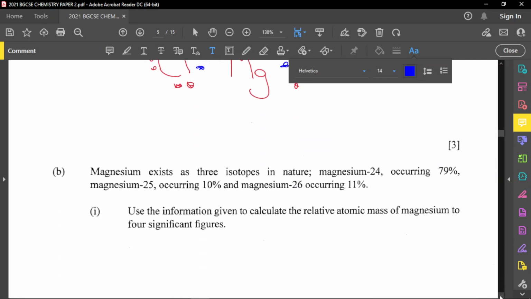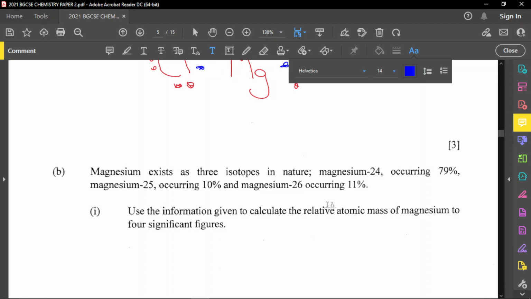For part B, it says magnesium exists as 3 isotopes in nature. You have magnesium 24, where the 24 means the mass number. Magnesium 24 occurs at 79%, magnesium 25 at 10%, and magnesium 26 at 11%. Those are different masses.